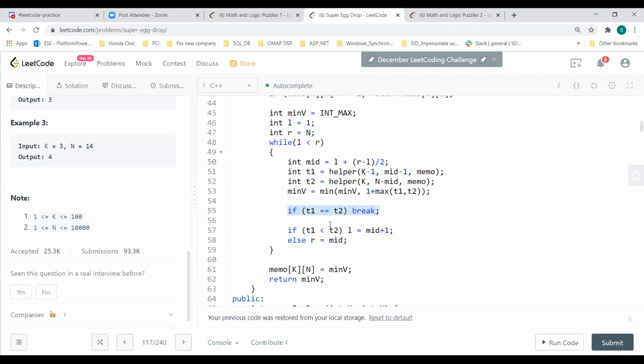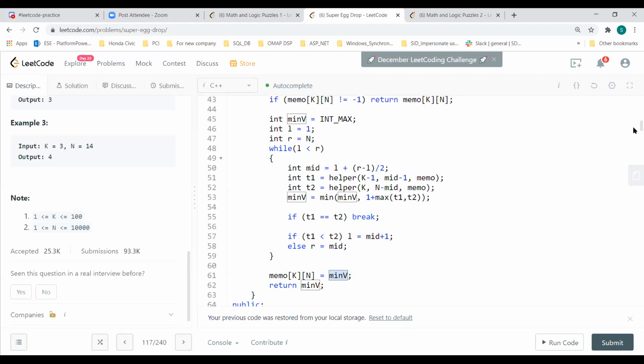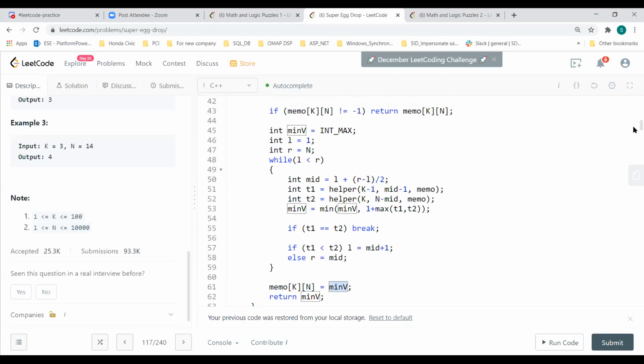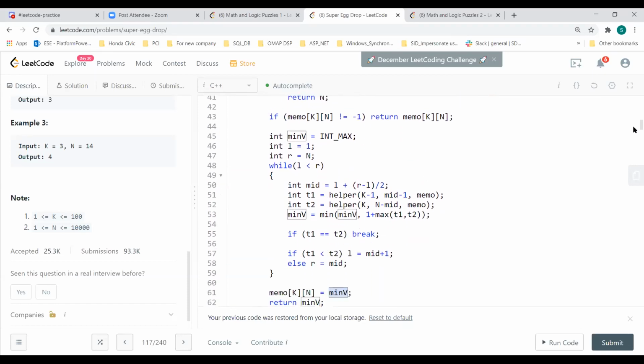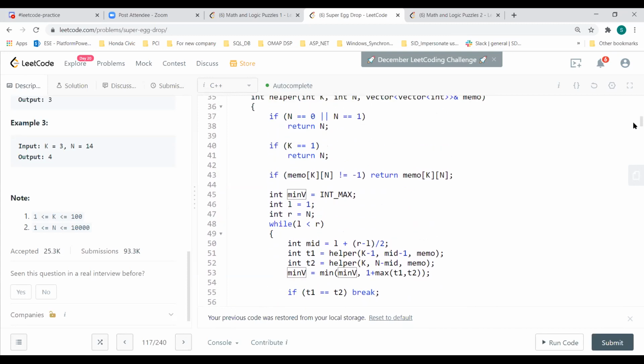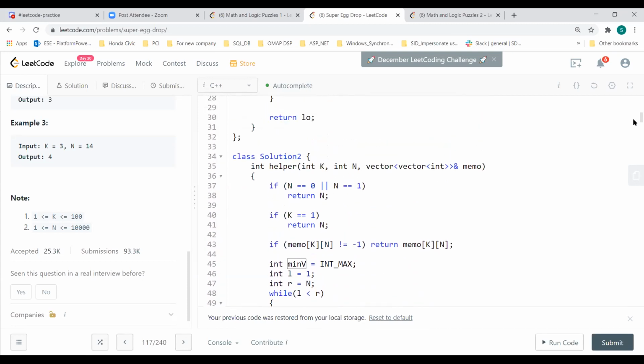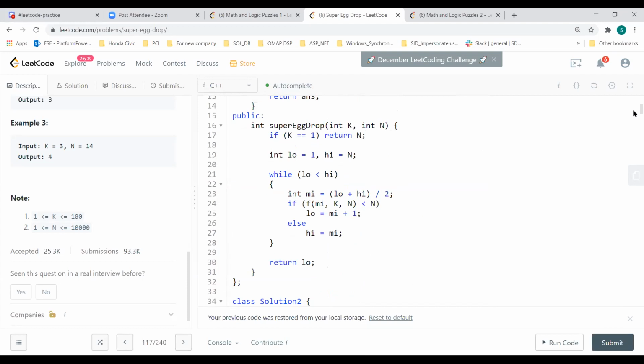And whatever value I get, I store, and this one actually works. This is the only solution which passes, at least in LeetCode.